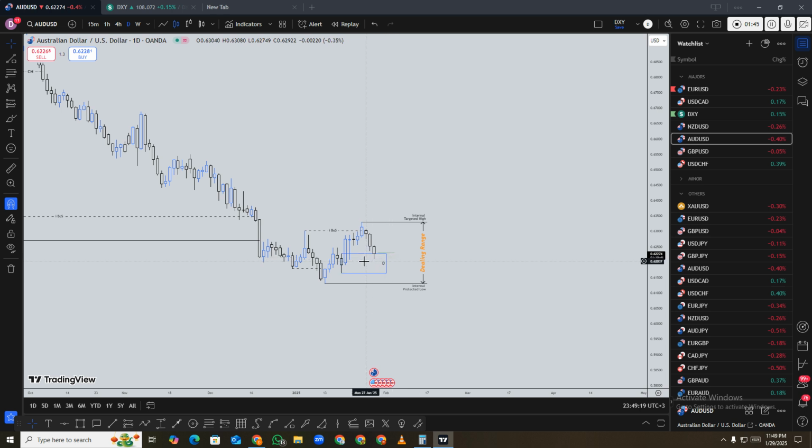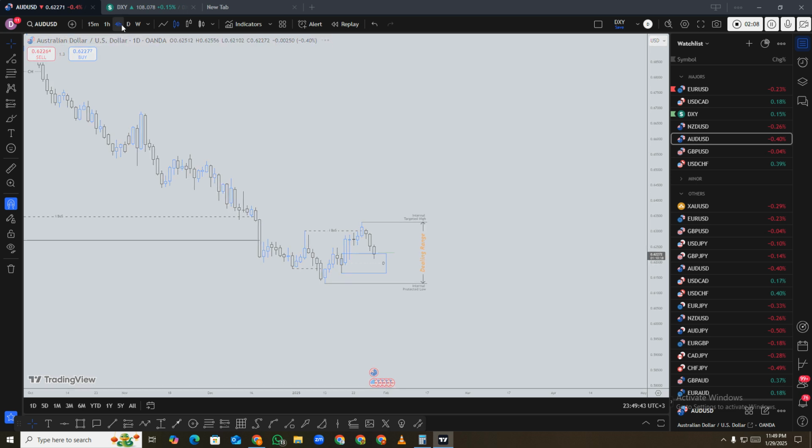At least I need to see the market trading into the mean threshold of this order block. But if it can turn from that point and we start to see movement to the upside, that will also be good.